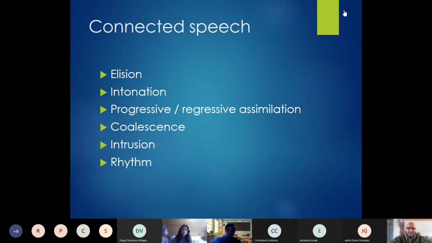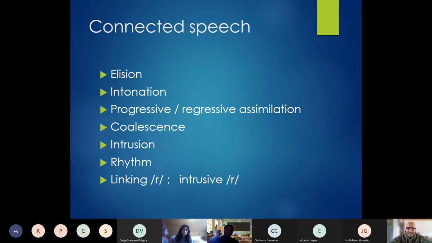Okay, any other feature of connected speech? The linking and intrusive R. Elizabeth, linking and intrusive R. Are they the same? Yeah, very good one. So linking R, intrusive R, are they the same? Are they different somehow? No, they are different.